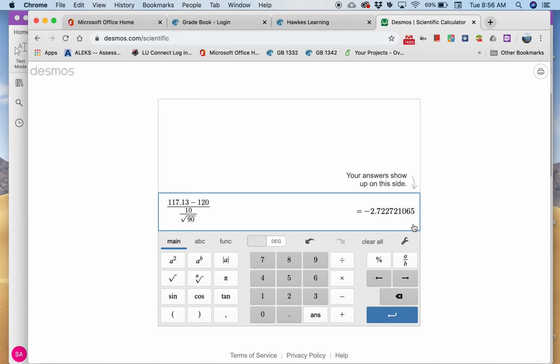We are going to be using a z-table. And remember, z-tables only go two decimal places, to the tenths and the hundredths spot. So we're going to round to the hundredths. Since there's a 2 in the thousandths spot, we leave the number in front a 2. So our answer is negative 2.72.